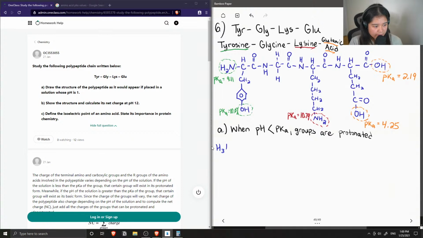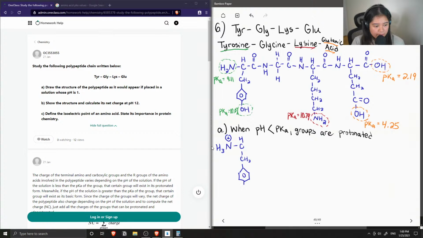So the amine group on our tyrosine will have an extra hydrogen. So this will be protonated. And then I'm just going to draw the rest of my chain. Bear with me because it's a long chain.